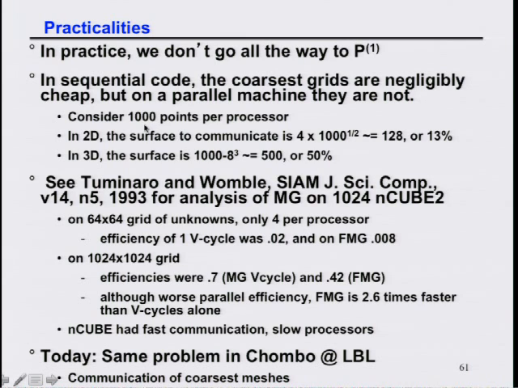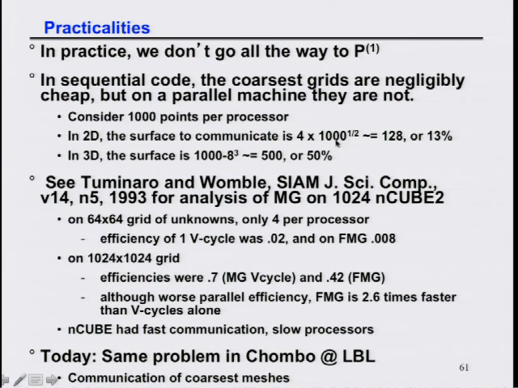So I have a square. It has 1,000 points in the square. How big is the boundary that I have to communicate? Well, the square, what's its dimension? It's the square root of 1,000 by square root of 1,000. It has 4 neighbors. It's about 128. So there's 128 words to send, which is about 13% of 1,000, right? So the border is not a trivial fraction of the work.